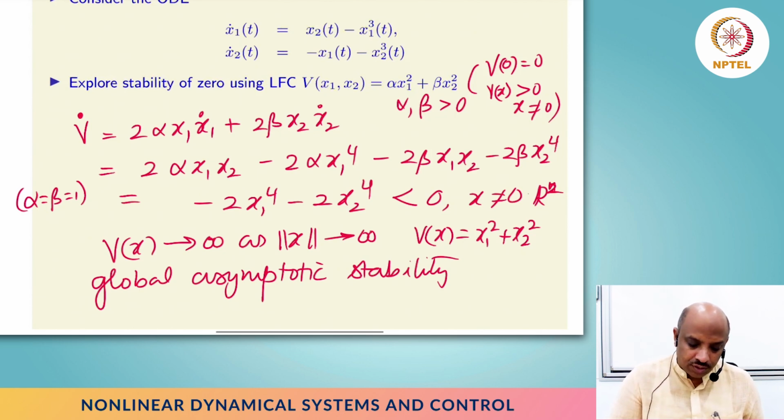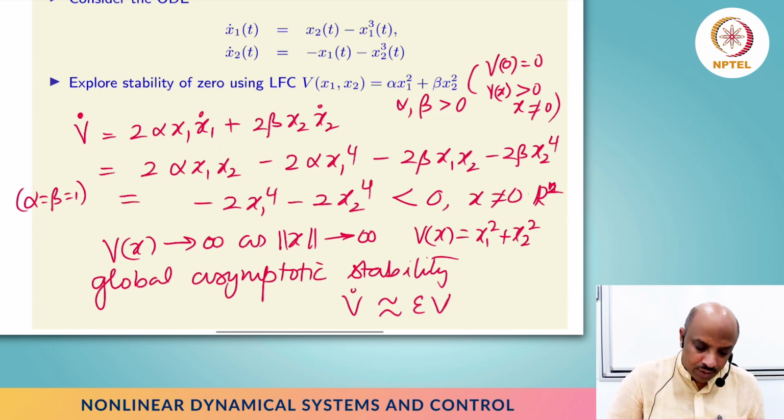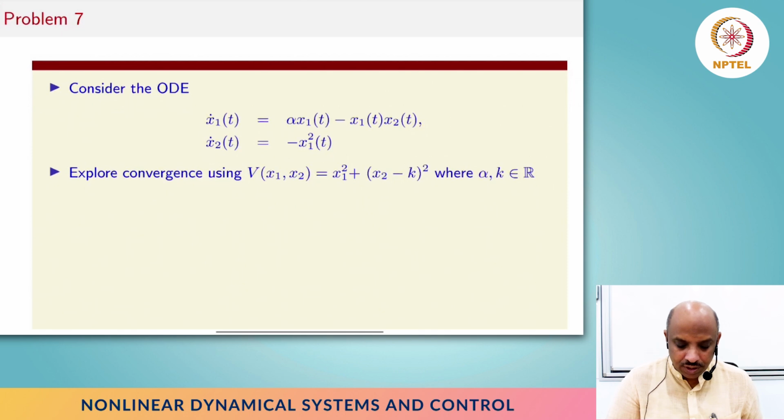So it's a good idea for you to simulate this and see what happens. So this is a case where we have global asymptotic stability, but perhaps not necessarily exponential stability, right?